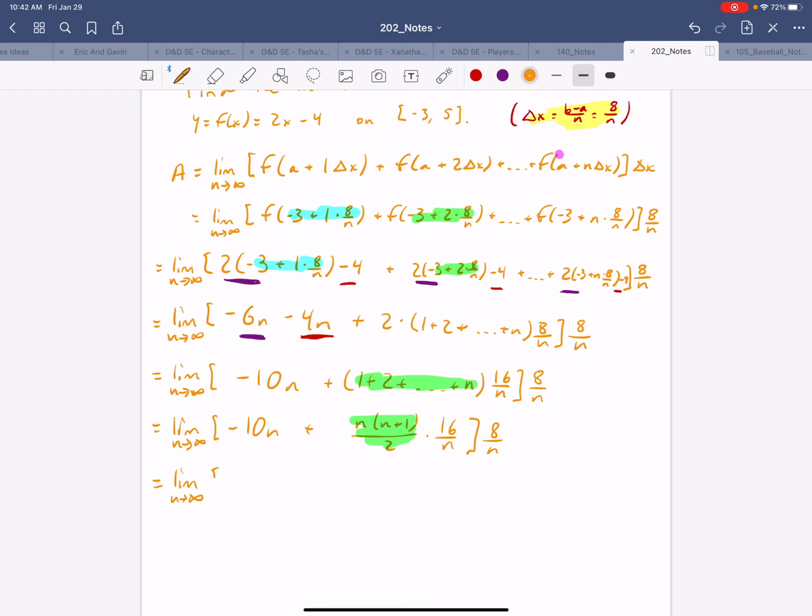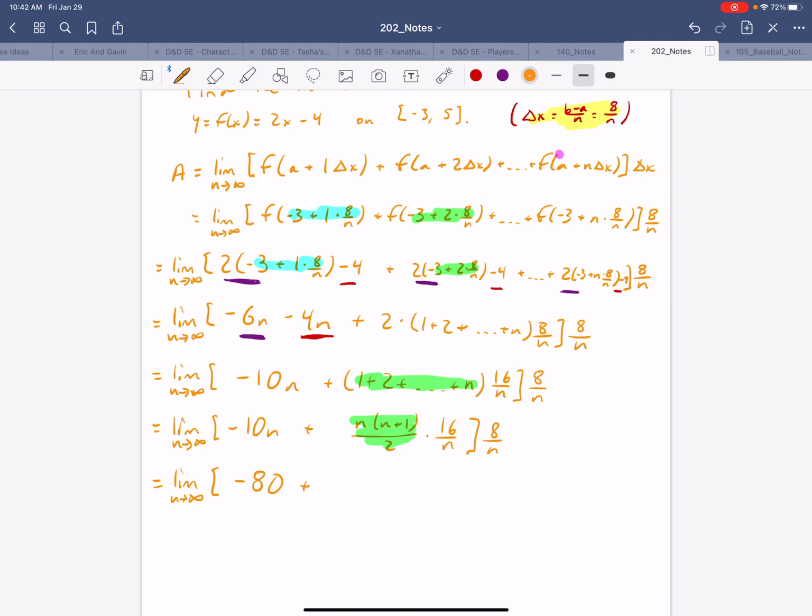At this point I would multiply the 8 over n through. So we're going to get negative 80 plus 8 times 16, which is 128, over 2.